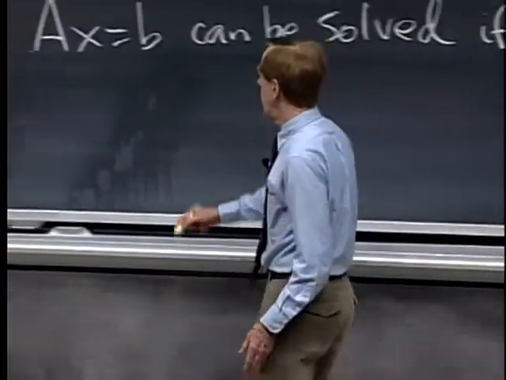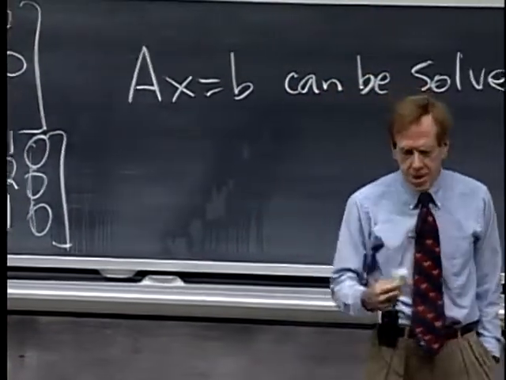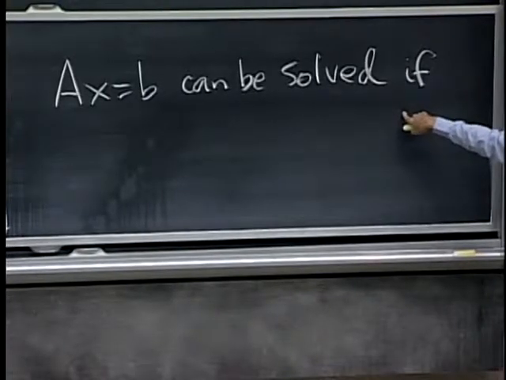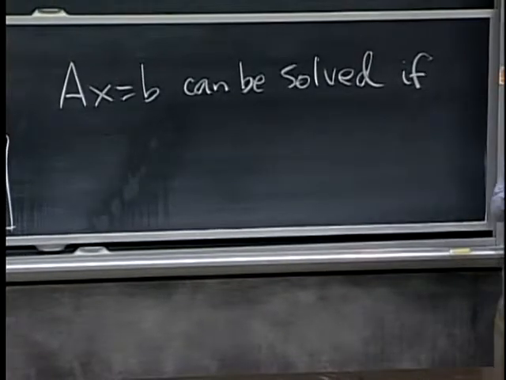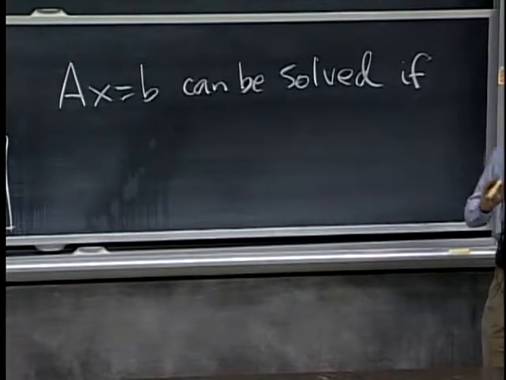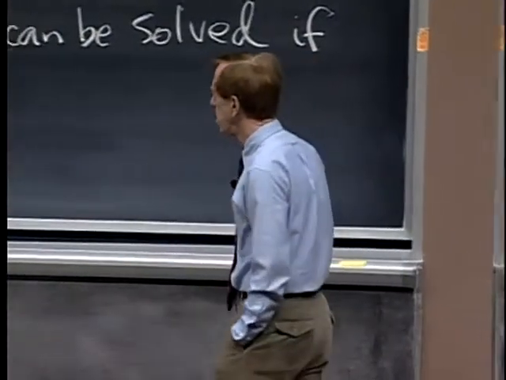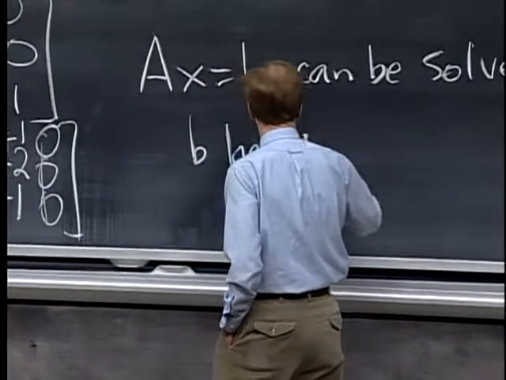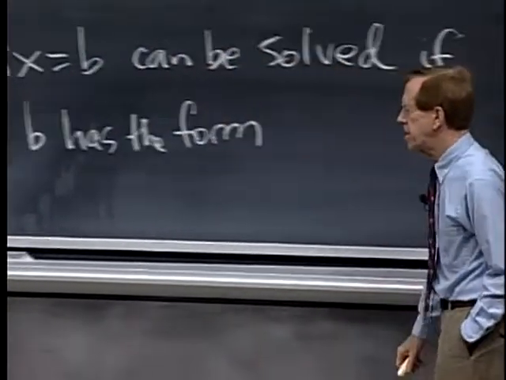Well, I actually say in the exam, don't just tell me if B is in the, and what does the exam say there? In the column space, because I do know that it can be solved exactly when B is in the column space. So I guess I'm asking you, what is the column space of this matrix?